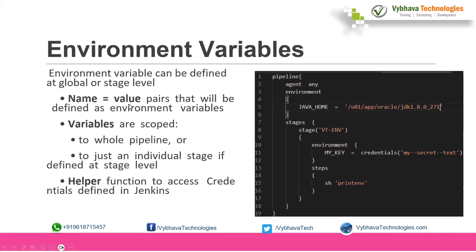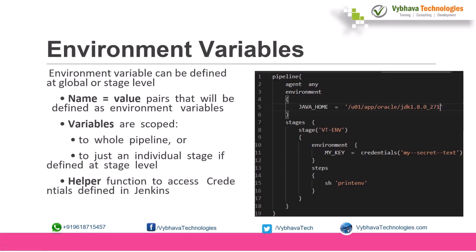So this can be defined at the stage level, so that is also the level at which we can use it. These are the two things, and a helper function to access credentials defined in Jenkins. Whenever you want to use particular variables, which are not only here, you want to get them from the secrets. The secrets will be defined in Jenkins, and we will see how secrets are created and how we can use them.